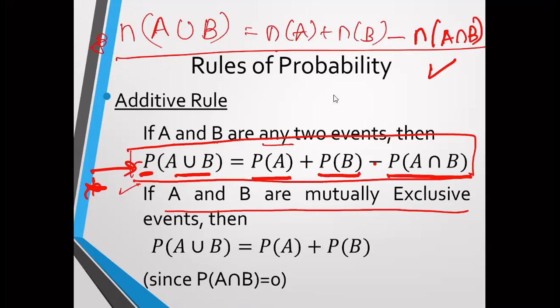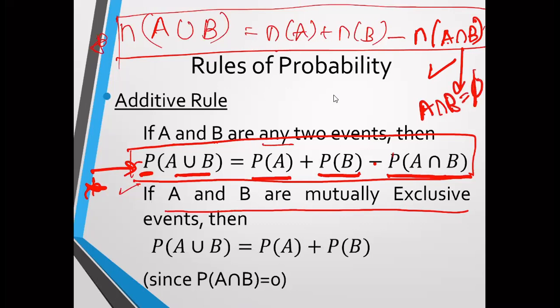Therefore, this term is going to be 0. Forget about this one. Come to this equation. If A and B are mutually exclusive, then this A and B set is a null set. So how many elements are there in a null set? 0.